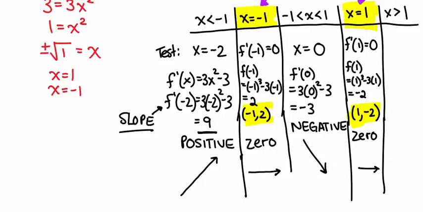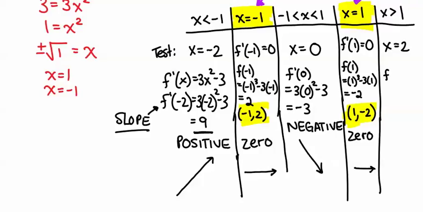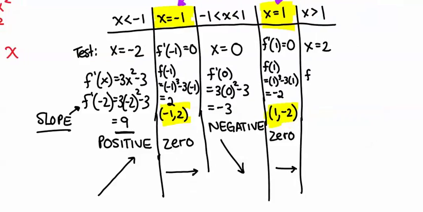And then when x is bigger than 1, pick a value. You could pick x as 400 if you feel like doing that math, or you could just pick 2. Do the derivative. So f prime of 2 is equal to 3x squared minus 3, so 3 times 4 minus 3, and 12 minus 3 is 9.